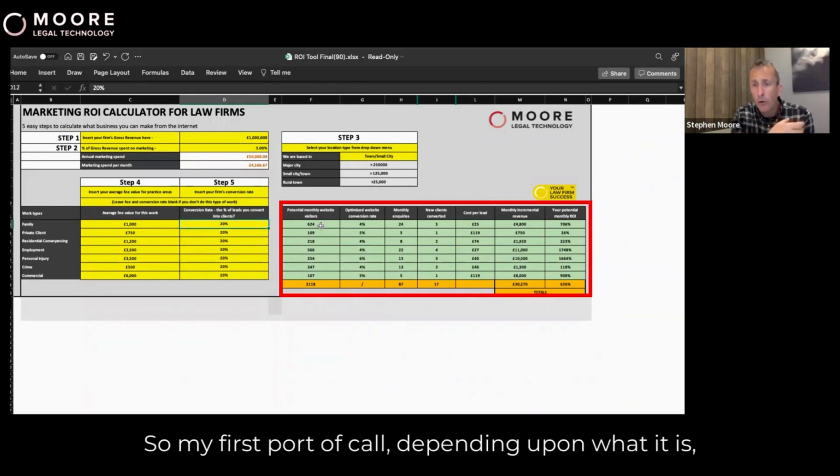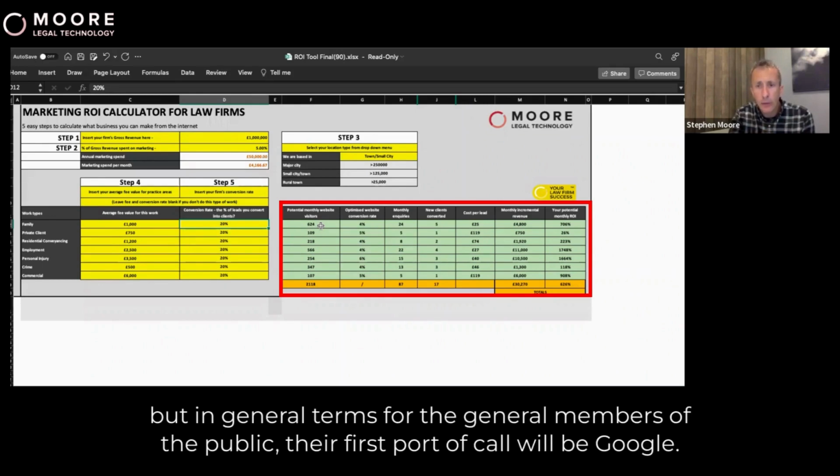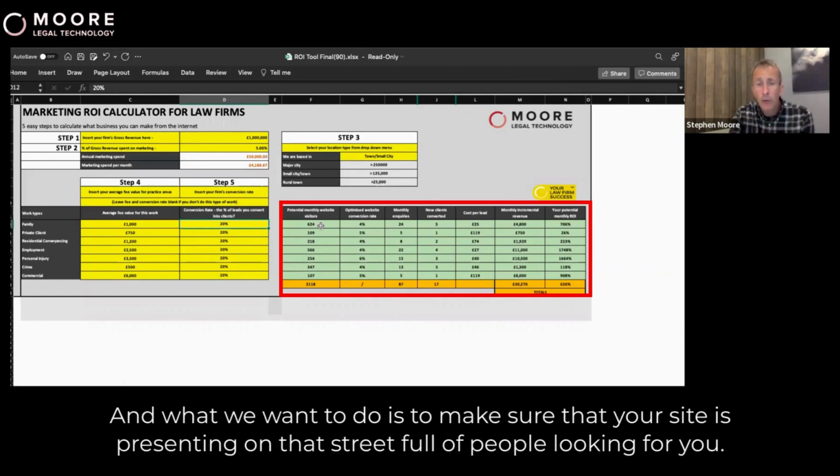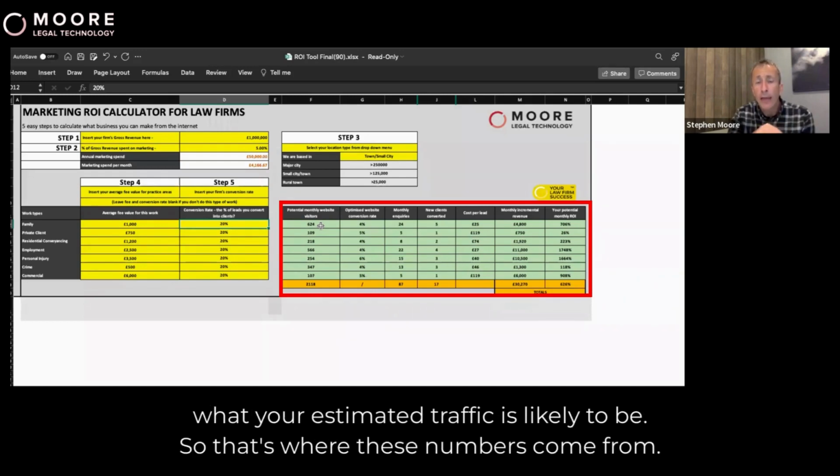So my first port of call, depending upon where it is, is slightly different for me because I work with a lot of solicitors, but in general terms, for the general members of the public, their first port of call will be Google. And what we want to do is to make sure that your site is presenting on that street full of people looking for you. And it's through the data that Google provides that we are able to provide this analysis on what your estimated traffic is likely to be.